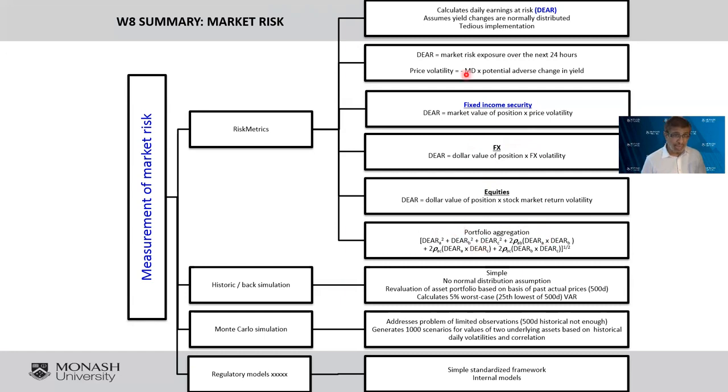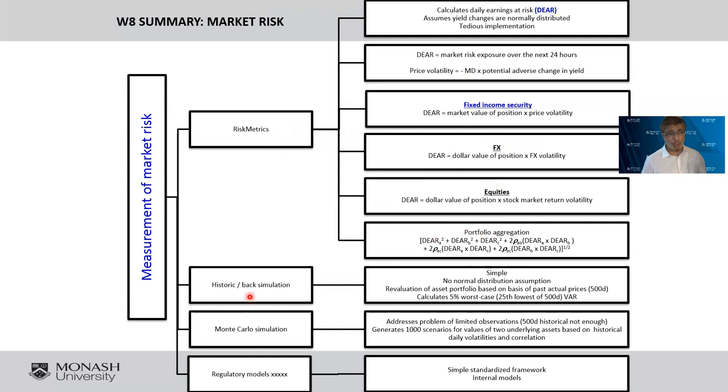Now, this is actually when we calculate the risk matrix. So the risk matrix is computing the DEERs for each single asset inside the portfolio. And then we calculate the risk matrix for all of them through what we call portfolio aggregation. But this one, as I told you, has problems.